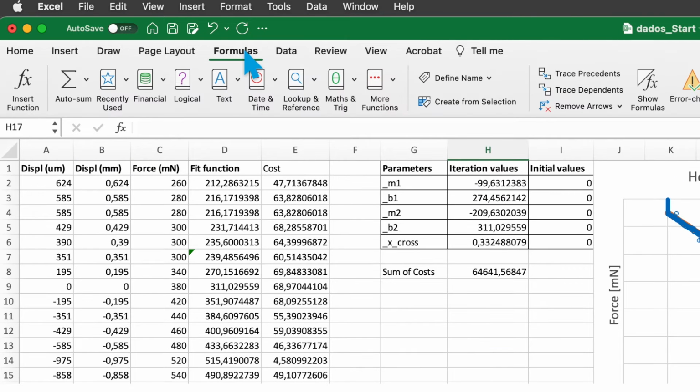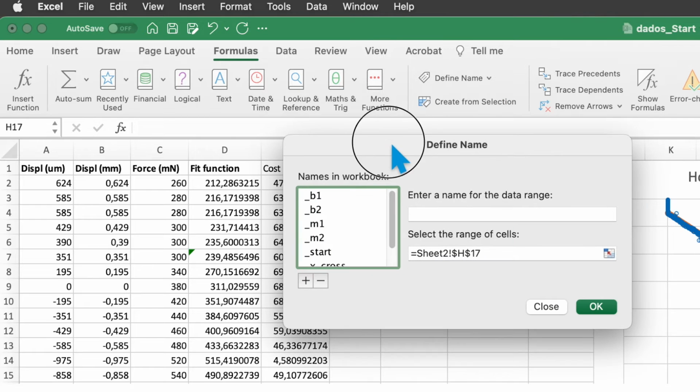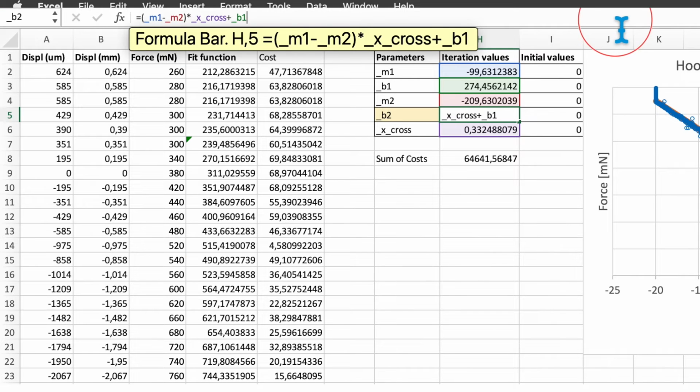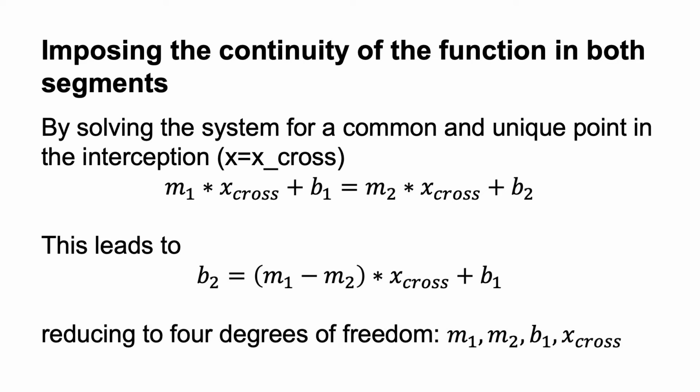In the Formulas Name Manager, we can check the already defined names that we have given to each associated cell. As such, B2 will be equal to the solution given by the intersection of both lines: M1 times x-cross plus B1 equal to M2 times x-cross plus B2, which will return B2 equal to (M1 minus M2) times x-cross plus B1.